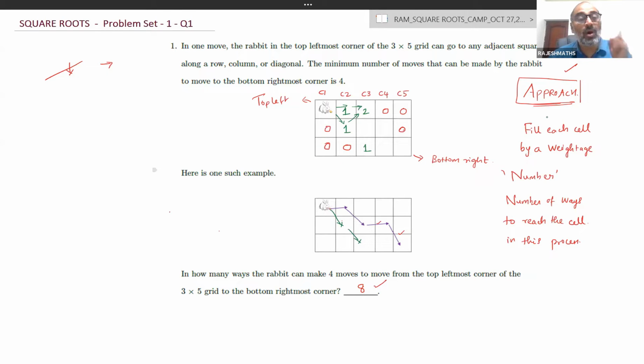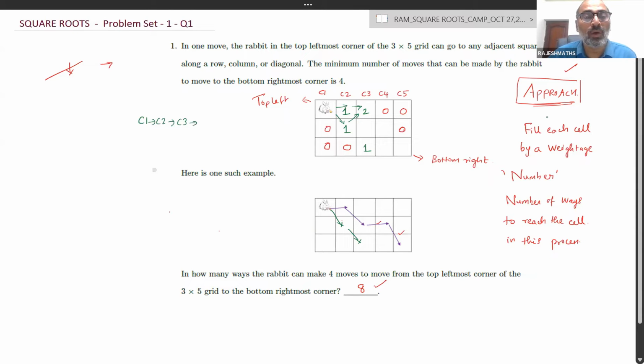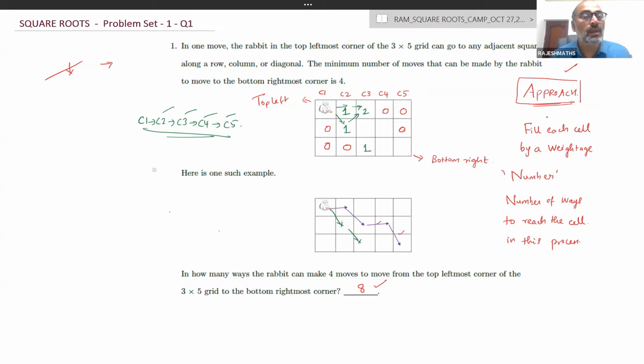But from column 1 to column 5, you should move. 4 moves means column 1 to column 2, column 2 to column 3, column 3 to column 4, column 4 to column 5, right? So 4 moves. If you move down, you are in the same column, and you will be wasting one extra move.